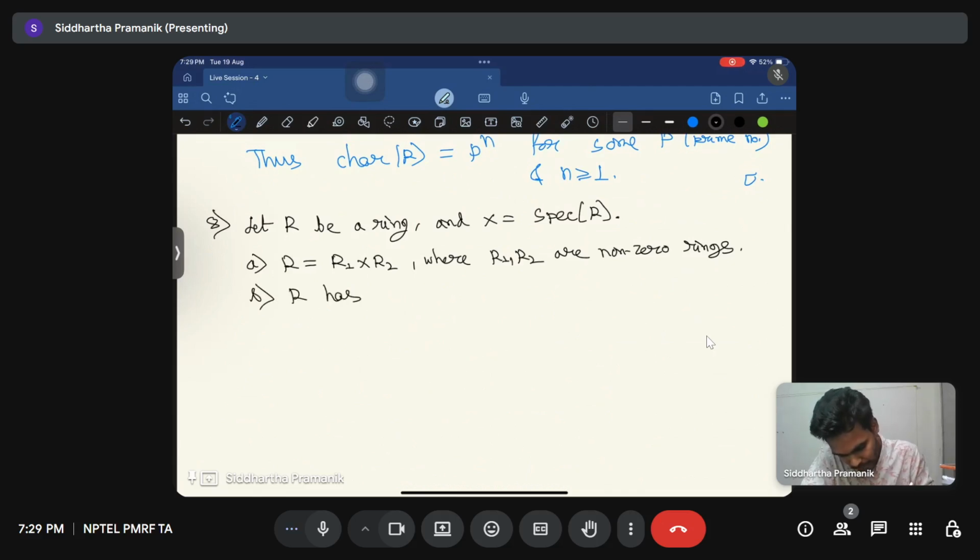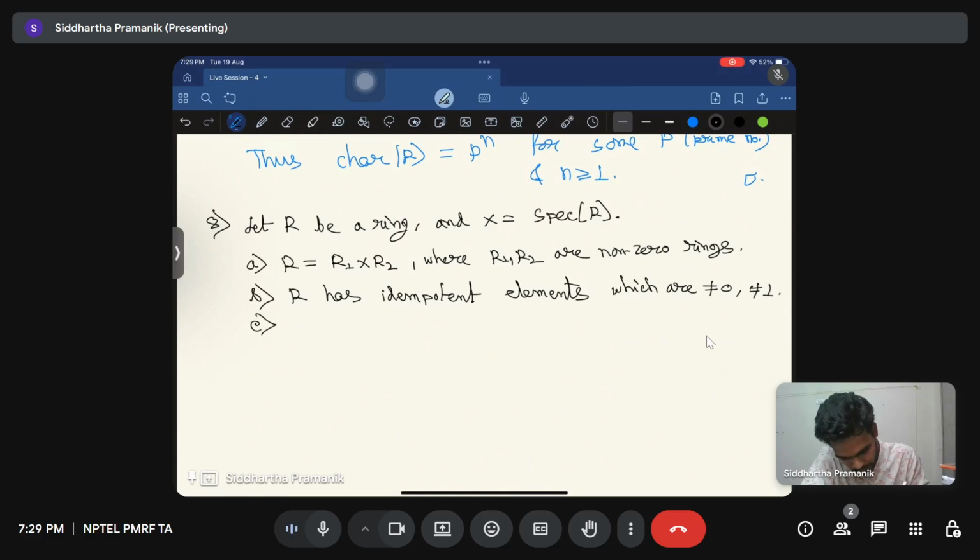And part B is R has idempotent elements which are not equal to 0, not equal to 1.